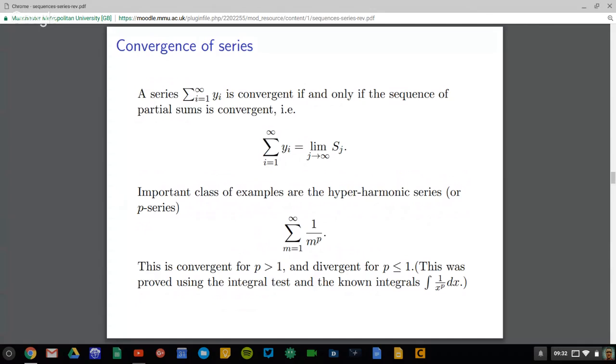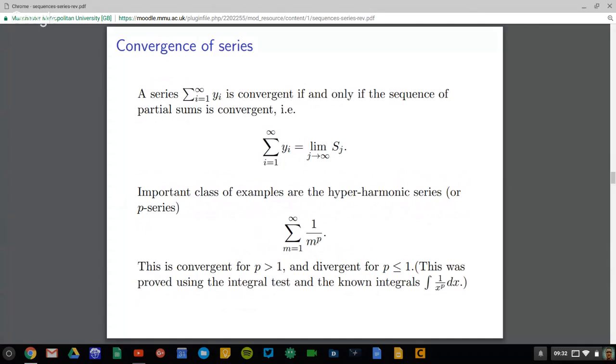A particularly important example, one of the very first we looked at, was when p equals 1, the actual harmonic series, which was divergent. Remember, the key point about the harmonic series, which is 1 plus a half plus a third plus a quarter, is that it's divergent, even though the steps you're adding on each time are converging to 0.